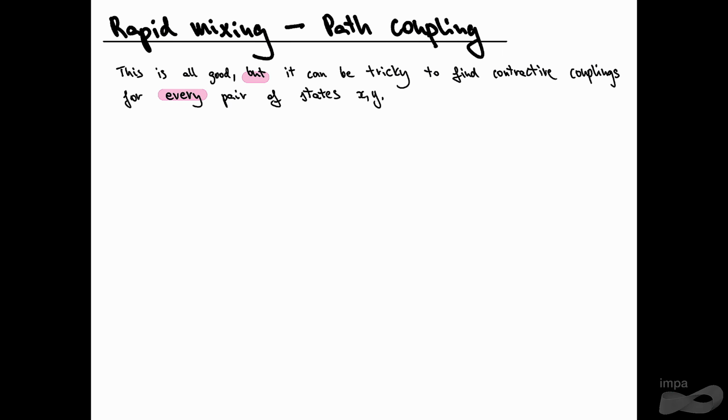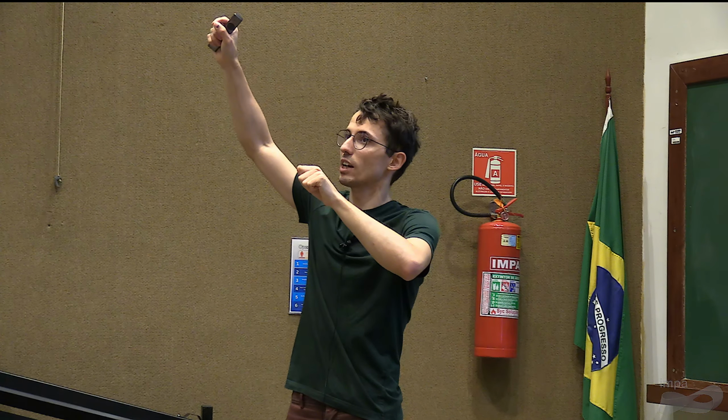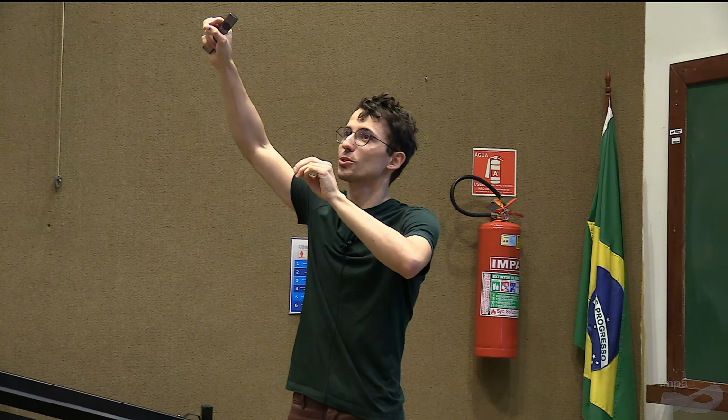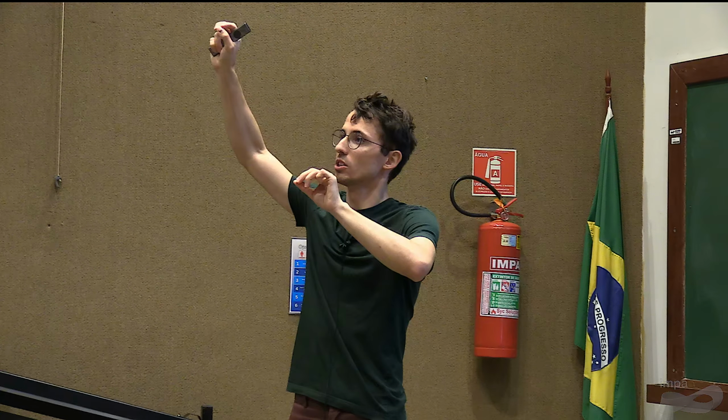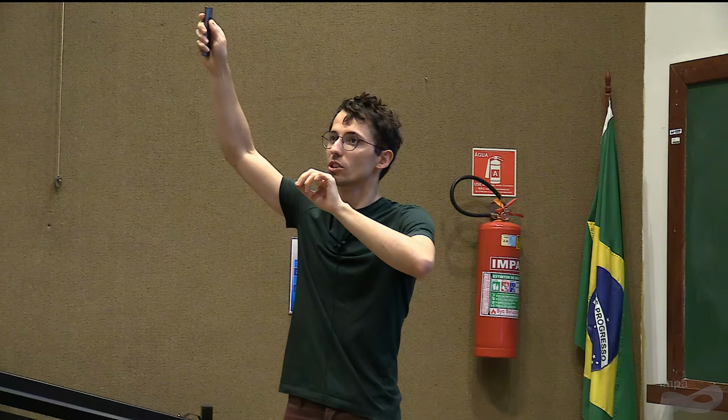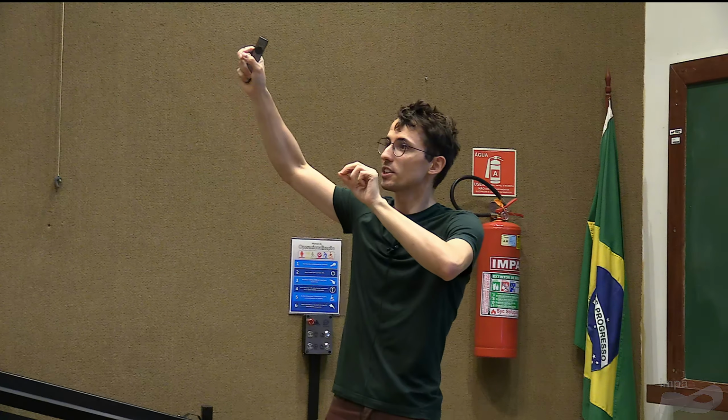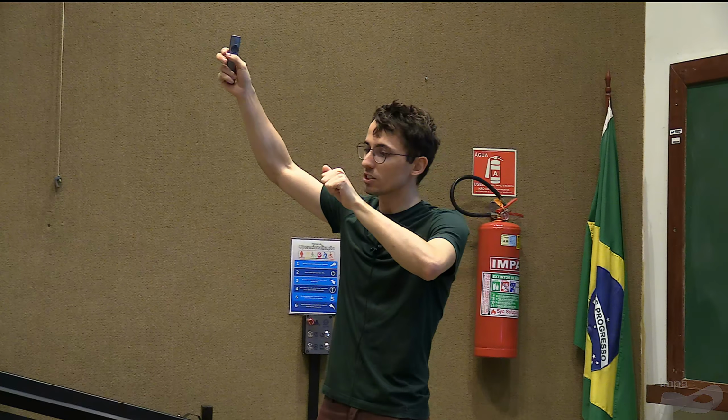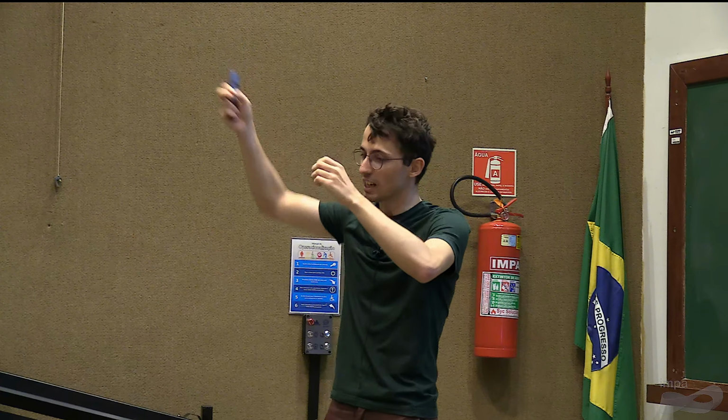But if you start from any two positions in the graph, then it might be hard to describe the couplings. And there was an idea of Bubley and Dyer that actually it's enough to show that there are contractive couplings for neighboring states. If you can find a contractive coupling for neighboring states, then you can chain them together to get long-distance couplings.